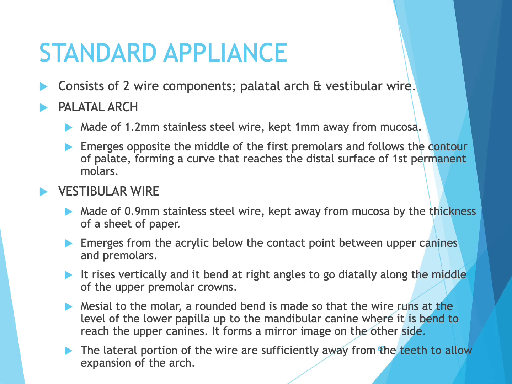Mesial to the molar, a rounded bend is made so that the wire runs at the level of the lower papilla up to the mandibular canine, where it is bent to reach the upper canines. It forms a mirror image on the opposite side. The vestibular wire is kept away from the surface of the incisor by the thickness of a sheet of paper. The lateral portions of the wire are sufficiently away from the teeth to allow expansion of the arch.